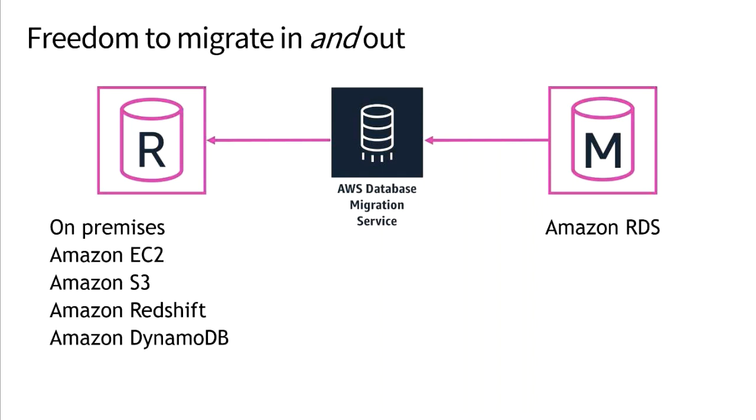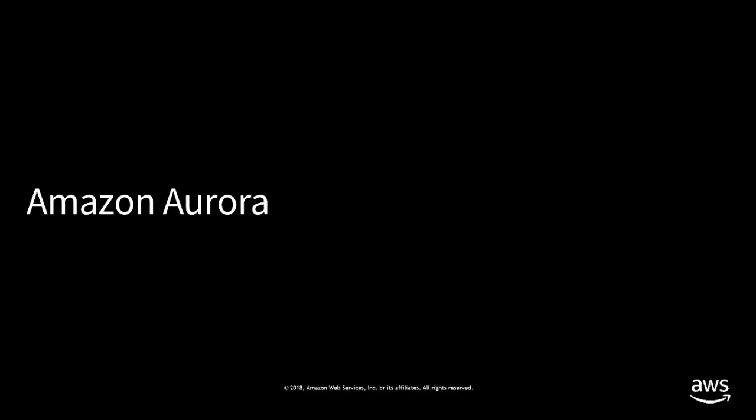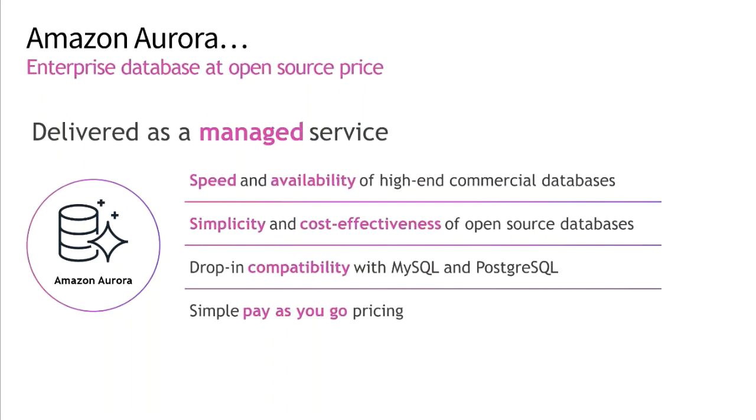And what we're going to talk about now is Amazon Aurora, which is a separate database engine, which is compatible with MySQL, but with additional capabilities beyond what you have in a standard MySQL database.